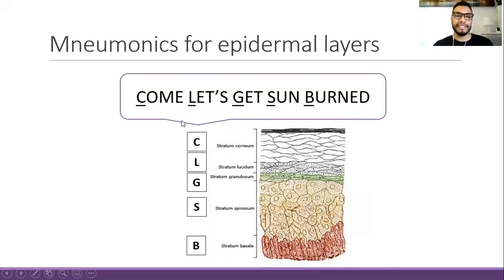C for stratum corneum, L for stratum lucidum, G for granulosum, S for spinosum, and B for basale. So we have this mnemonic that will help you to learn the layers from superficial to deep, okay?